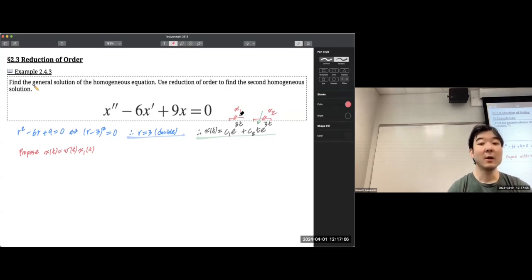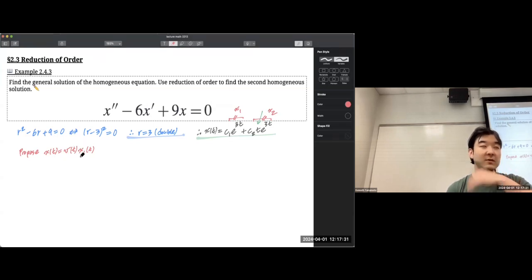The question is, given that we know that one of them is x1, how can I justify that the second one has to have been multiplied by t? What I'm going to say is my general solution is going to be some function v of t times x1 of t, some function v of t that I'm going to find that will force this differential equation to be satisfied. So right now, I'm just leaving this v of t as general.